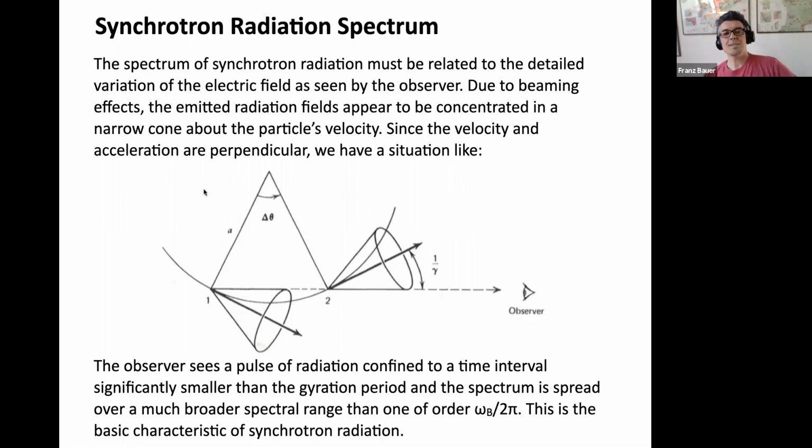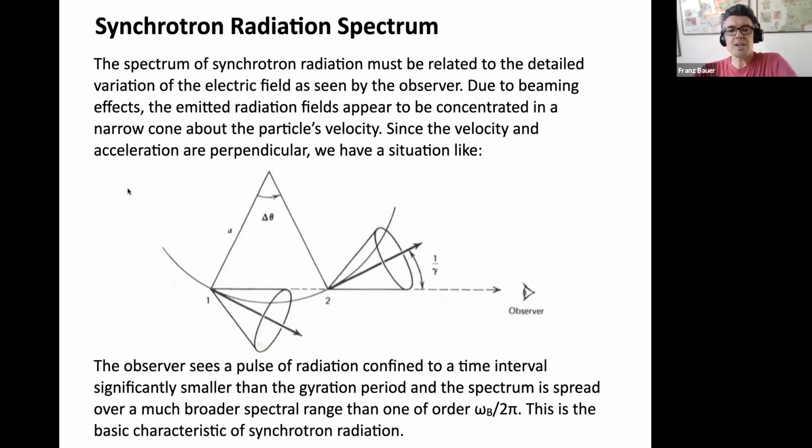And what's going to happen is that this radiation is going to be propagating in the direction perpendicular to the helical motion. And so it's going to be propagating in this direction, and depending on the velocity, it could propagate isotropically, but as you go faster and faster, the beaming effect will start to beam that radiation into a cone. And so most of the radiation will come out in a cone.